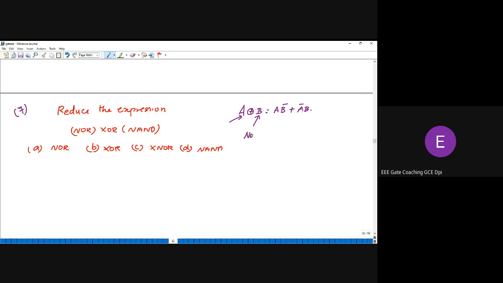So NOR XOR NAND. What's the answer? Let me try to solve this one.